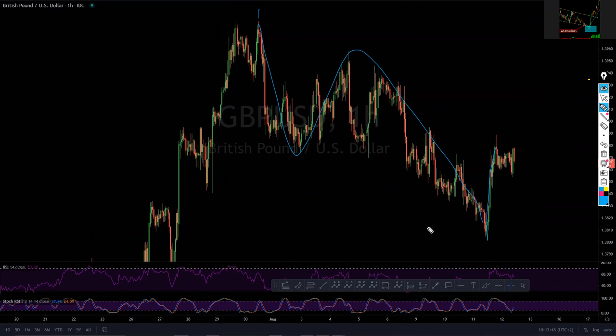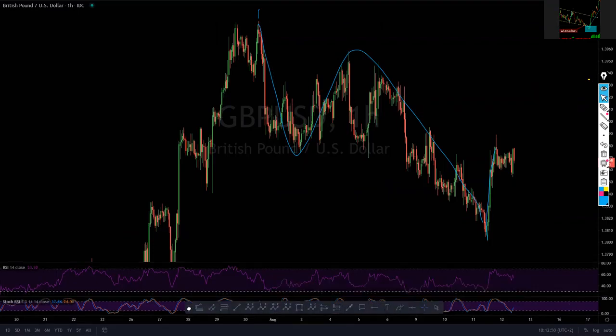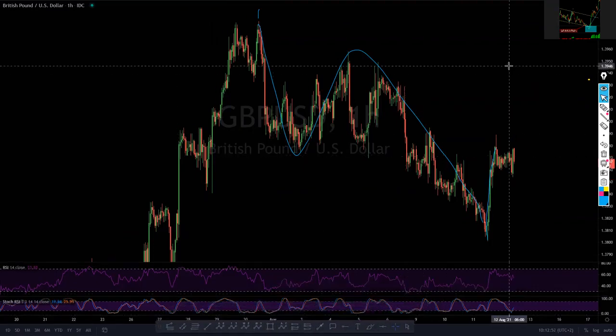A clear impulse to the upside, indicating that the pullback lower is completed or the correction lower is completed. And now we have a consolidation here, supported by the RSI above 50, the stock RSI at the bottom there, and it appears to have just broken. Just like gold, this one is a trade setup for more upside.